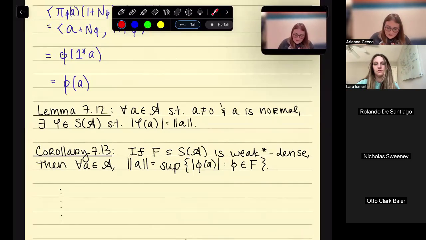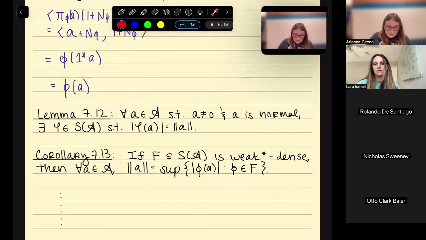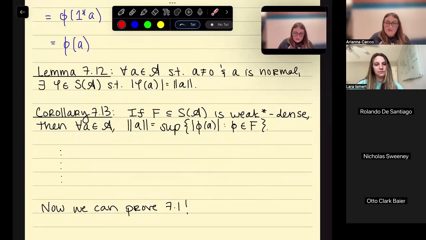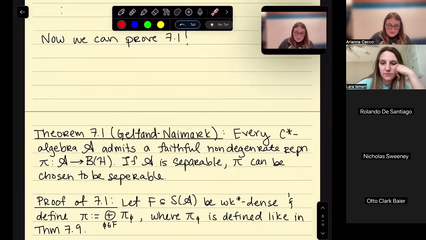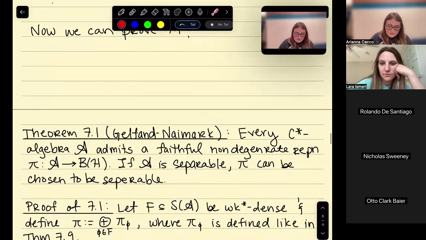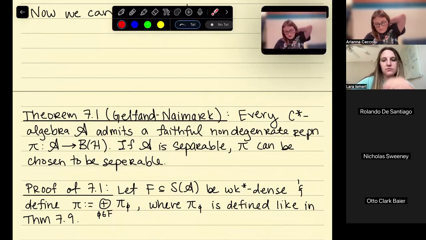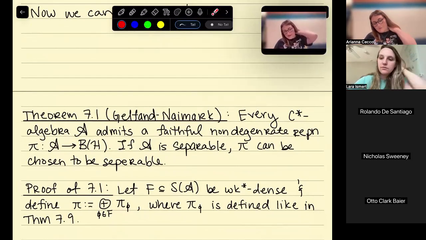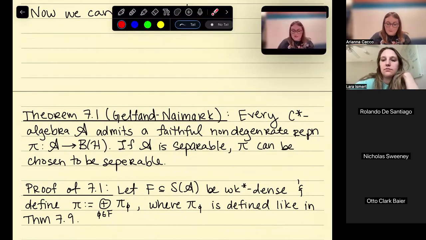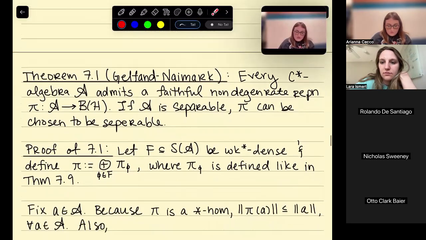Okay, so with all of this, we can now prove 7.1. Let's just remind ourselves of the theorem. Every C-star algebra admits a faithful non-degenerate representation, pi from A to B of H, and if A is separable, pi can be chosen to be separable.